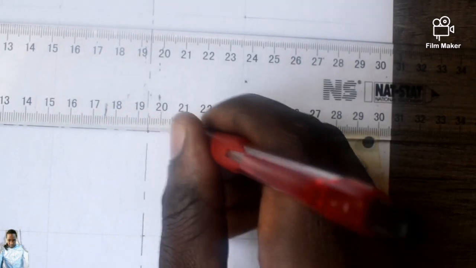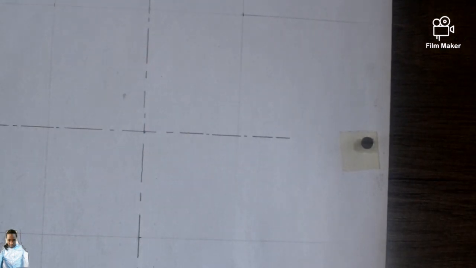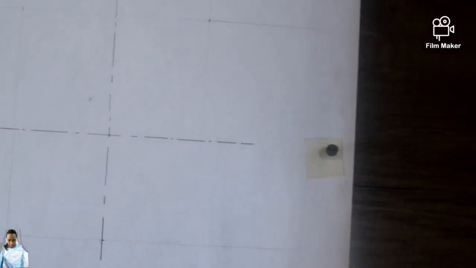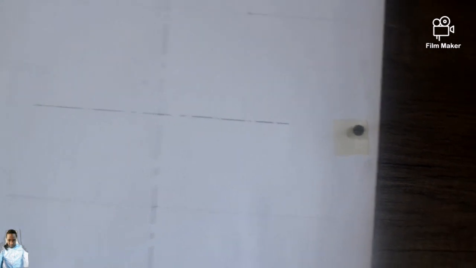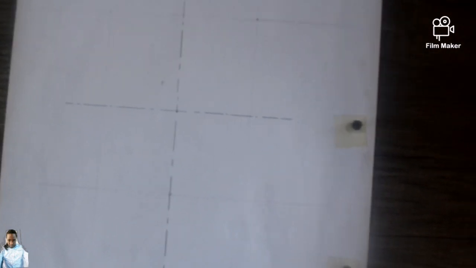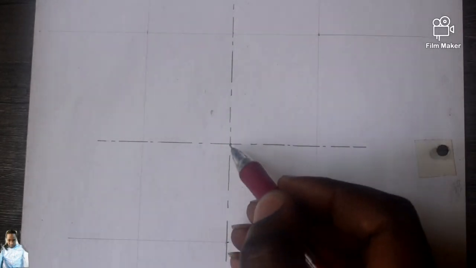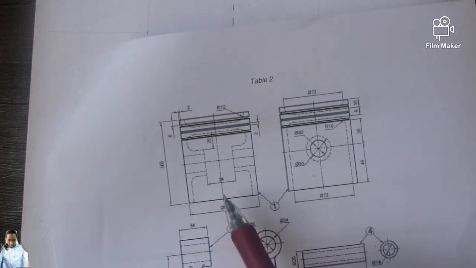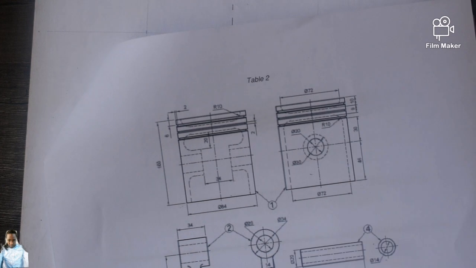I put the horizontal. Then from this point, which is this one in our drawing, is that one, right? So I can record 34, which is from here till here, 34 millimeter.